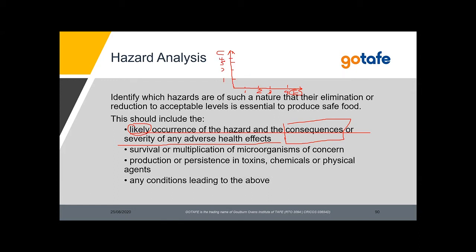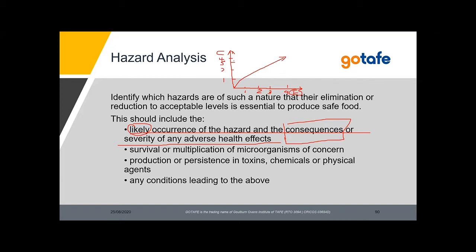The higher the number, the more easily it occurs, which means a higher frequency or possibility. And the higher the number on this side, the higher the severity of the consequence. So as you can see, the risk goes that way.